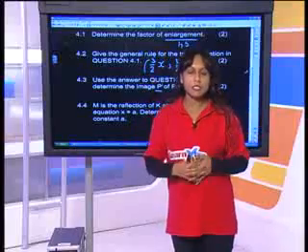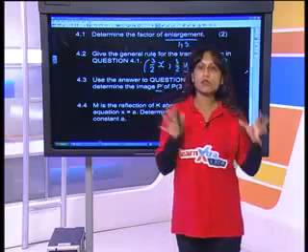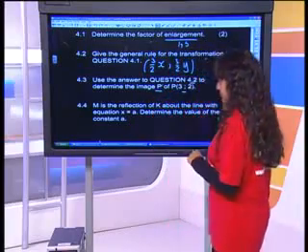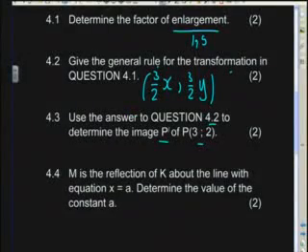Remember, we are waiting to see what your answers for question 3 were, and we've just gone straight into question 4. All right, so let's get on to the next part. They say that M is a reflection of K about the line with the equation x equals A. Determine the value of the constant A. All right, so let's go to the diagram.